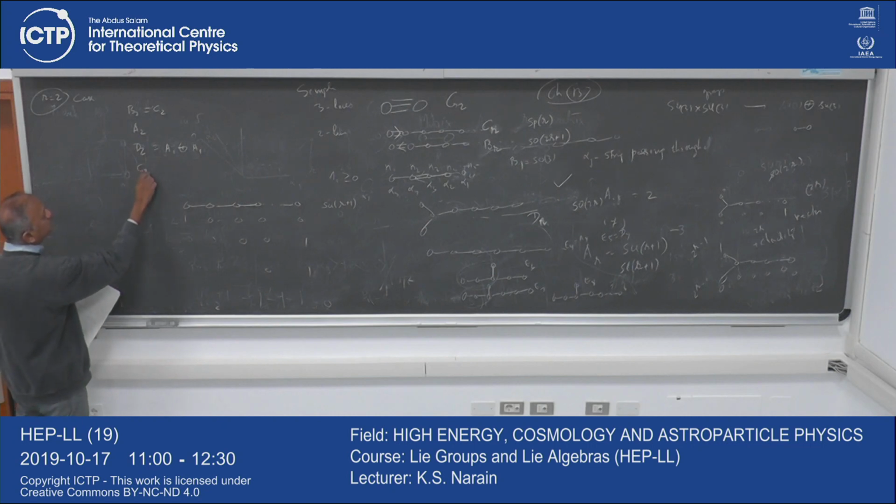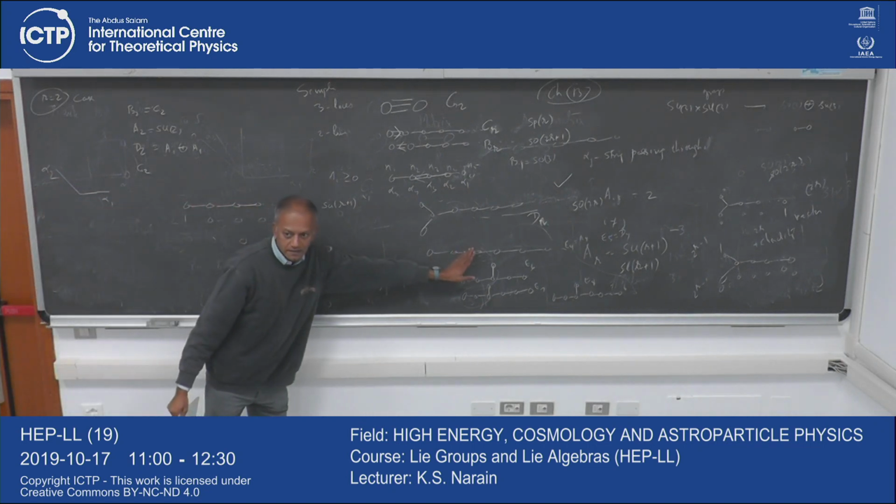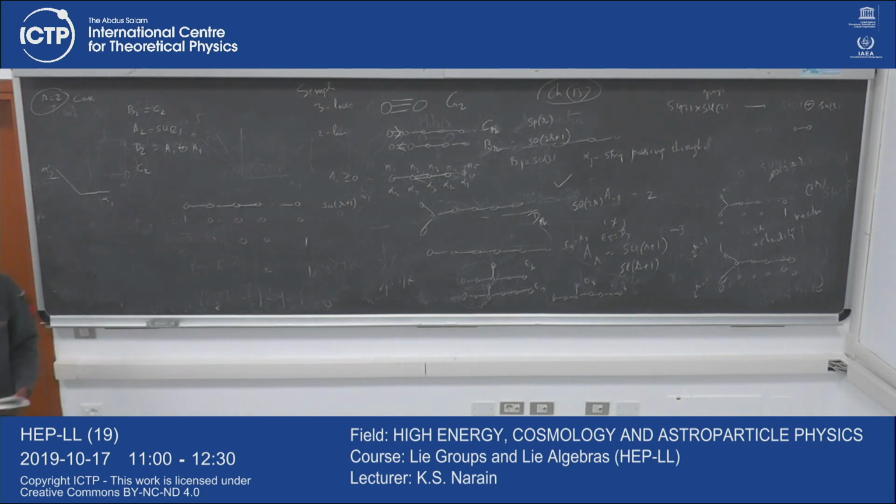And then finally G2. A2 is SU3, and that root system we have already worked out. So we had this alpha 1, alpha 2, the picture with the angle of 120 degrees, which was A2, SU3. And from that information, we already know that this is part of the doublet with respect to alpha 1, and this is part of the doublet with respect to that, from those numbers, -1.